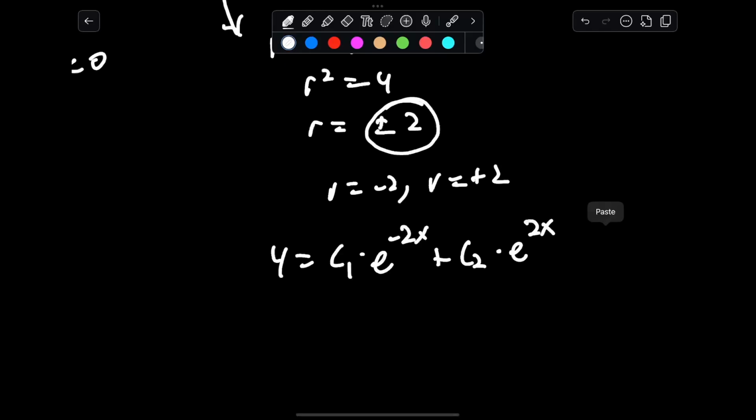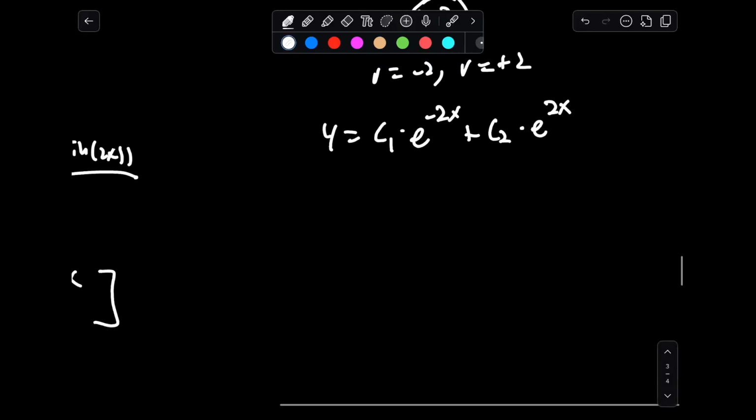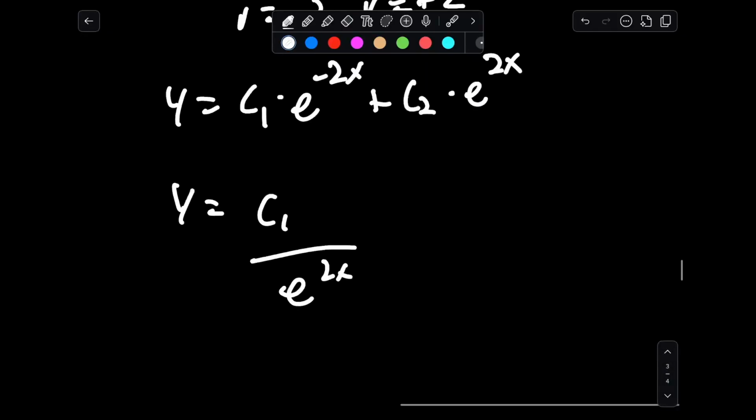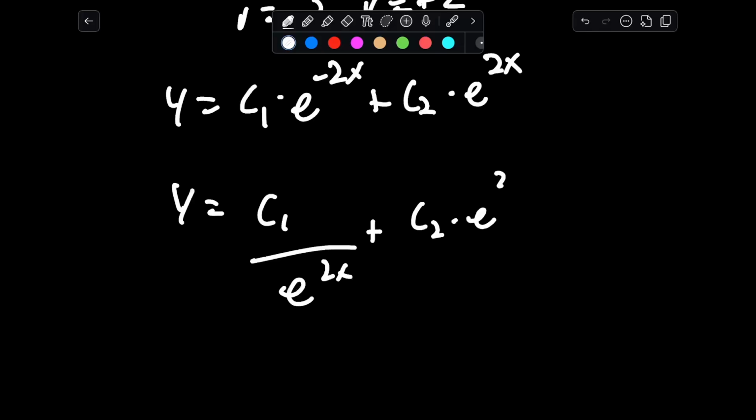So the general solution for this differential equation is y equals c1 times e to the power of 2x plus c2 times e to the power of negative 2x. If you want, you could also rewrite this as y equals c1 times 1 over e to the power of 2x, plus c2 times e to the power of 2x.